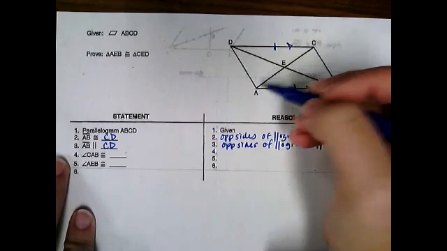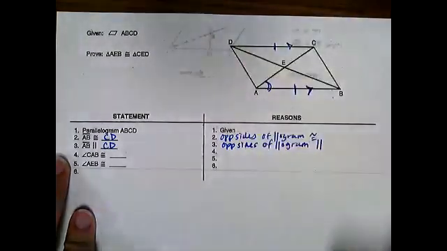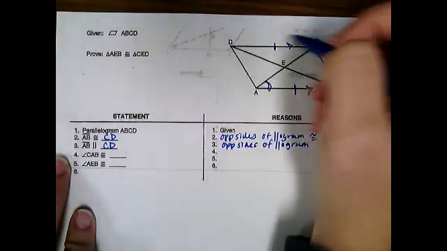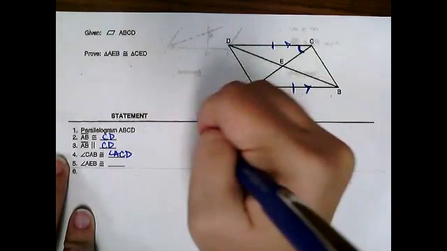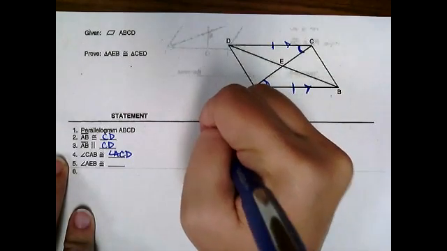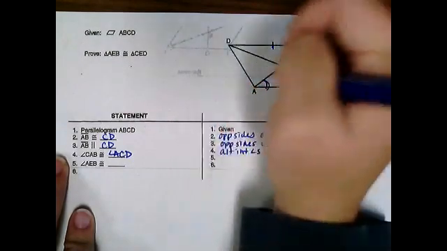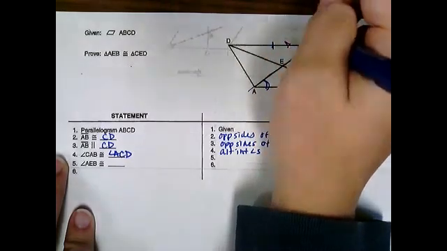Angle CAB, so this angle, is congruent to angle ACD. Those are alternate interior angles. If you extend this line, that would be your transversal. These will be your parallel lines. So those are alternate interior angles.